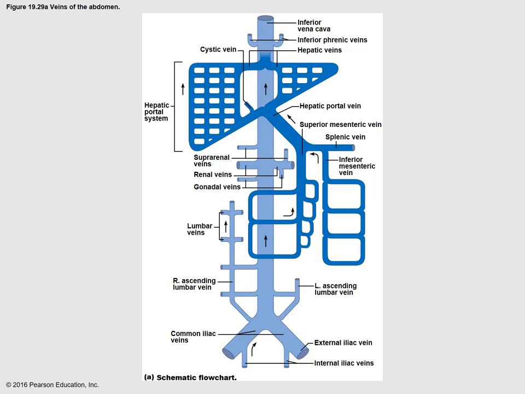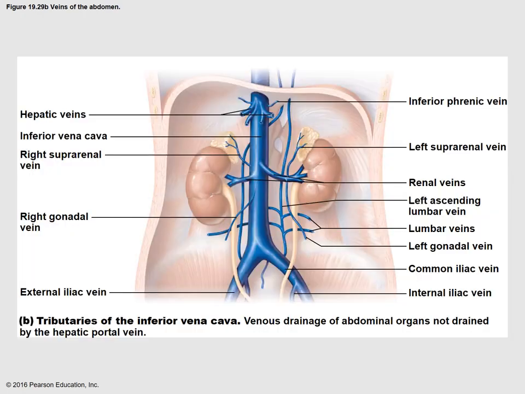And in the abdomen, now this is looking at the hepatic portal system. This is the blood that is surfacing the liver. So you have the blood that's going to the liver, and then as it is draining the liver. Hepatic refers to liver. You can see here the hepatic veins.